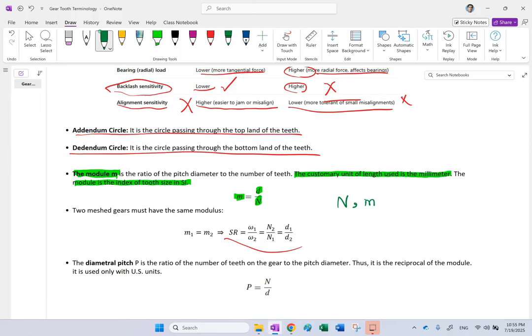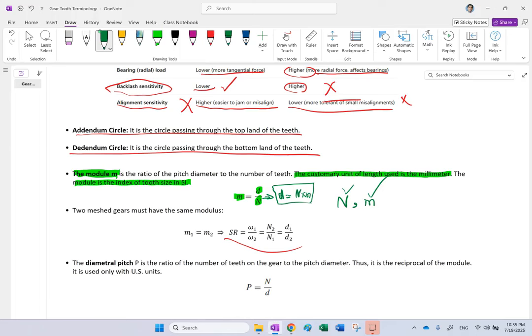If you have the gear modulus and the number of teeth, the first thing you can do is determine the diameter of the pitch circle. That is N times M. Okay? So the diameter of the pitch circle is N times M. And so these two are the first two important parameters that you need in a gear.